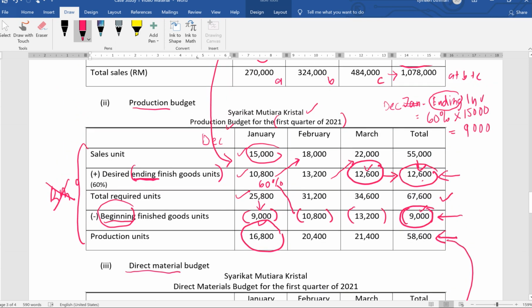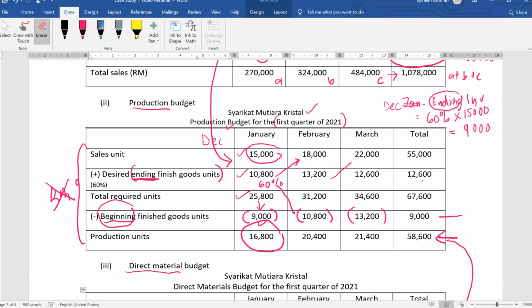The same goes for the production budget. For your production budget, I will add up sales units, total required units and production units. But this is my ending inventory and this is my beginning inventory.